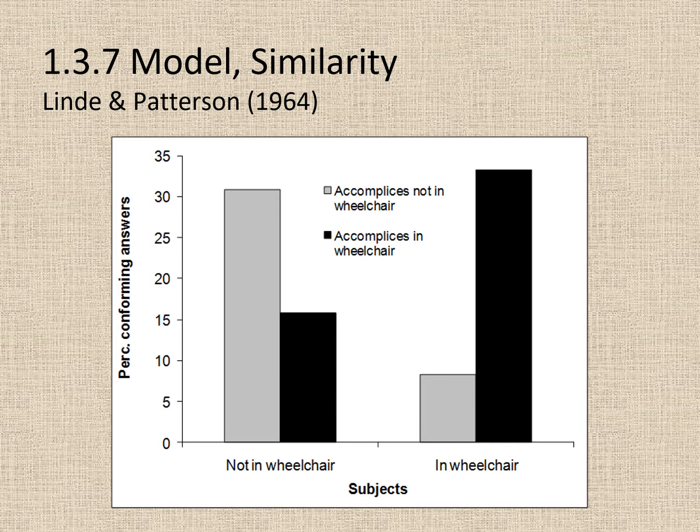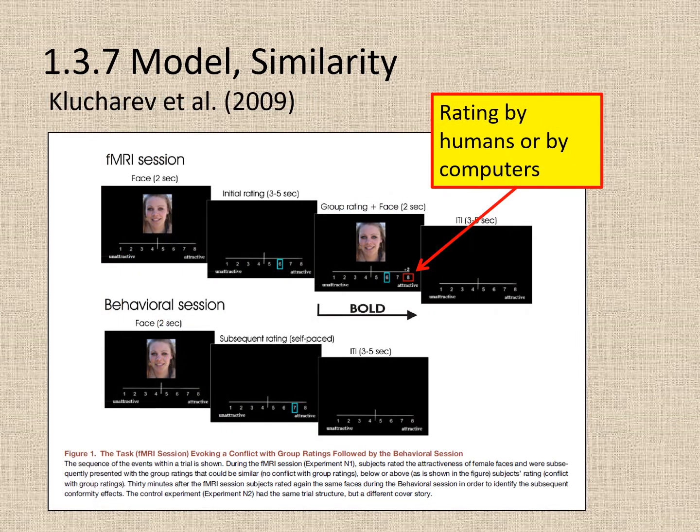And Claude Charev and company made a study about that also. So the same setup here: people look at photos and give attractiveness ratings. And then they get to see how others have rated. But sometimes they are told that this rating has been done by humans, and sometimes they are told that this rating has been done by computers.